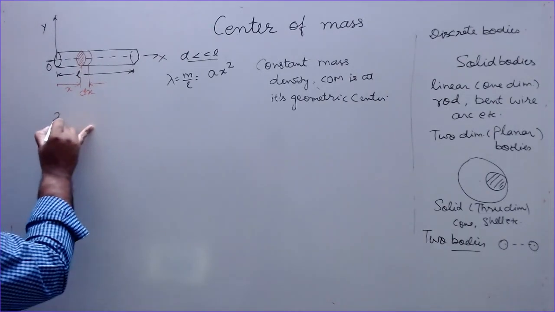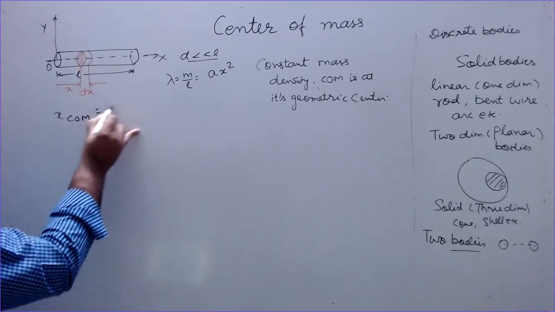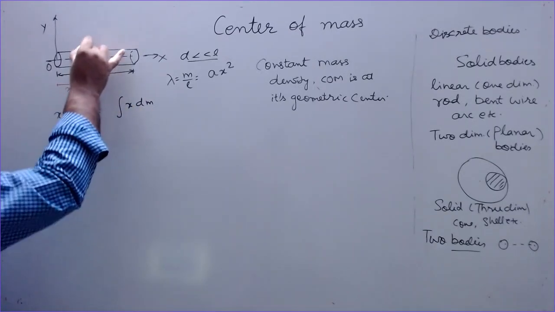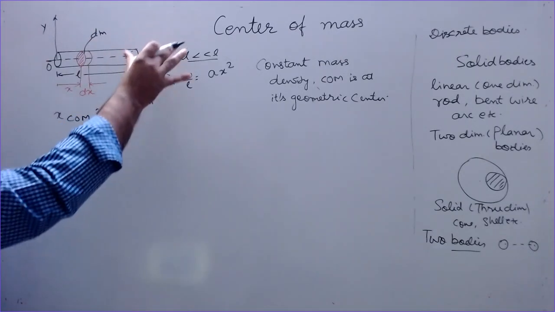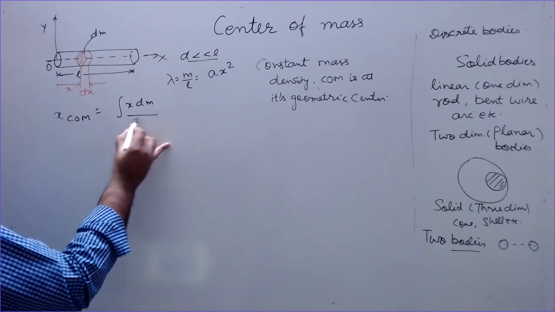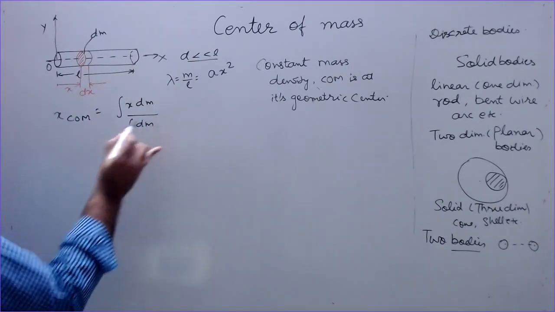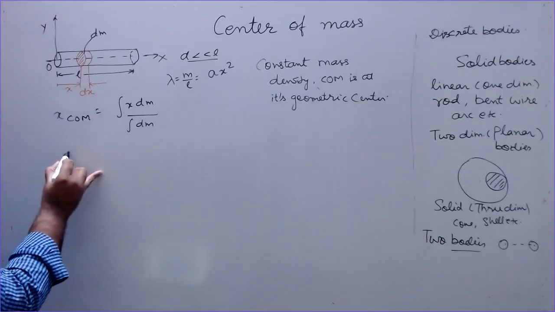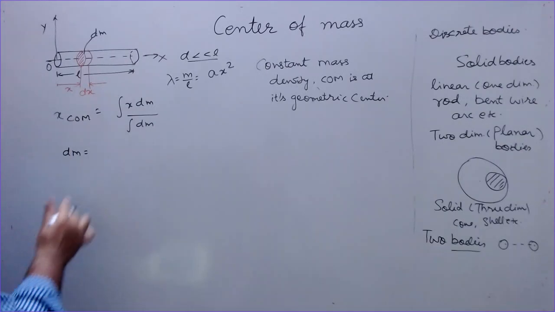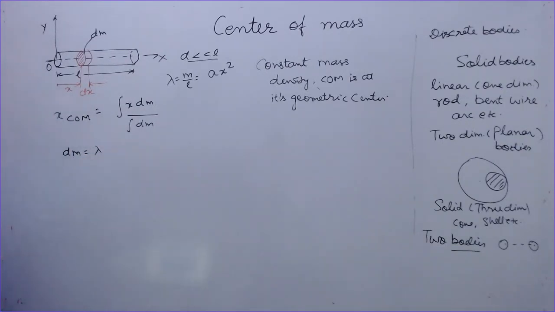So x com is integral x dm, where dm is the mass of this small element, m is the mass of the entire body, and x is the distance from its center of mass, divided by integral of dm. So what is dm here? Dm is the mass of this element.